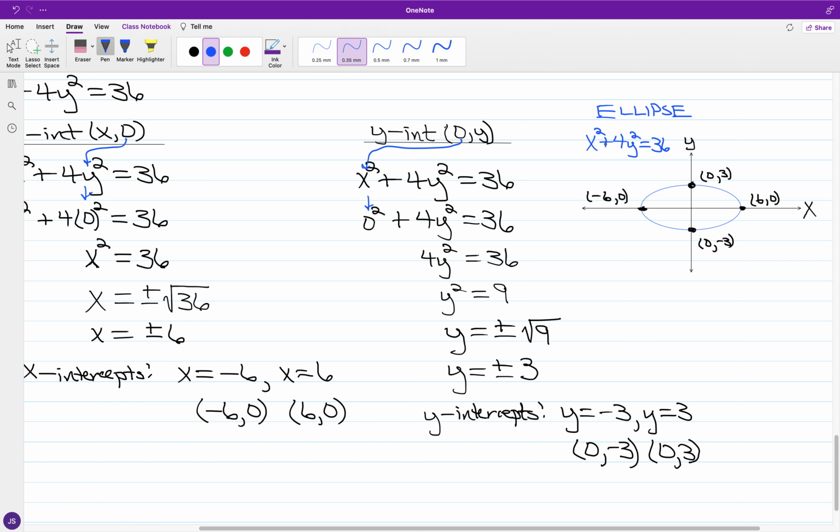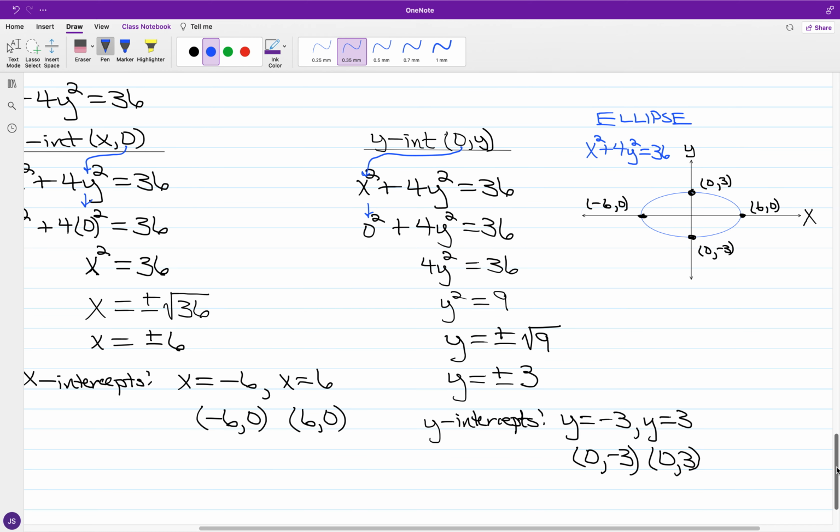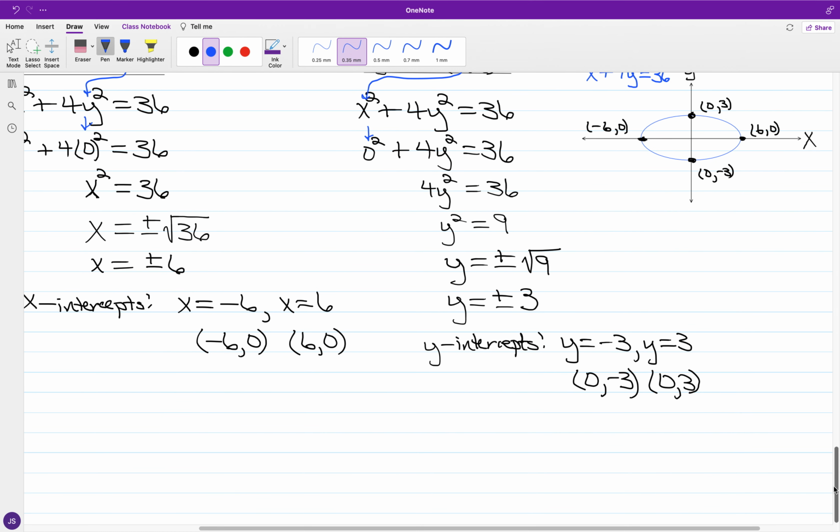So you have intercepts again for both linear and nonlinear functions, as well as nonlinear non-functions. So another sample of what we have concerning the determination of x and y values.